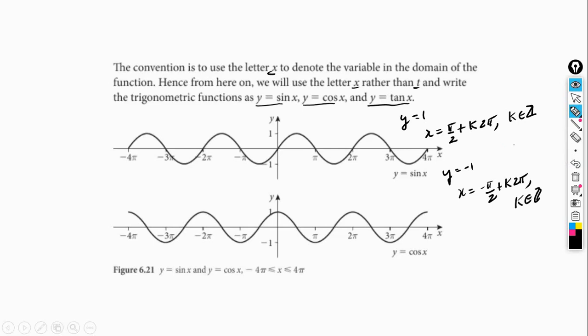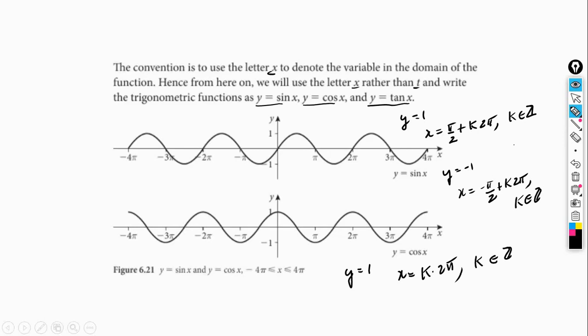Now, if you look at the cosine function, you are going to see that cosine also has a maximum where y equals 1, but for all values of x such that x is equal to k times 2 pi for any k belonging to the integers.